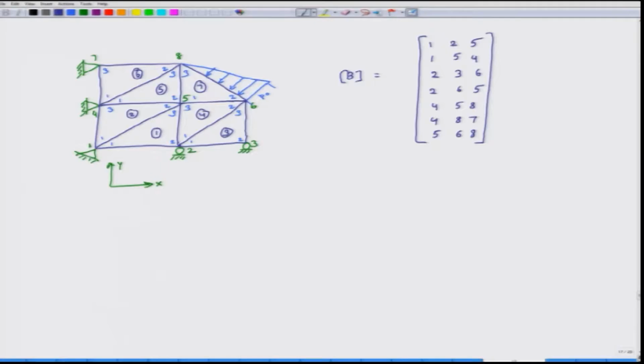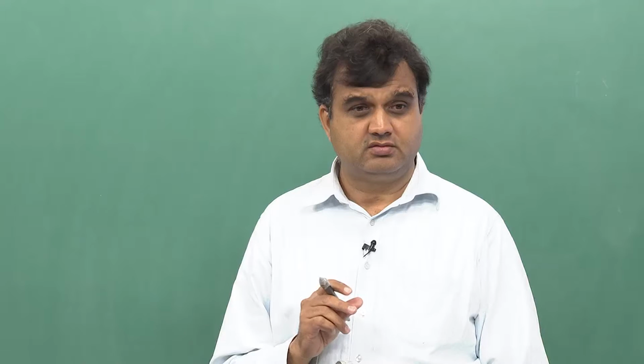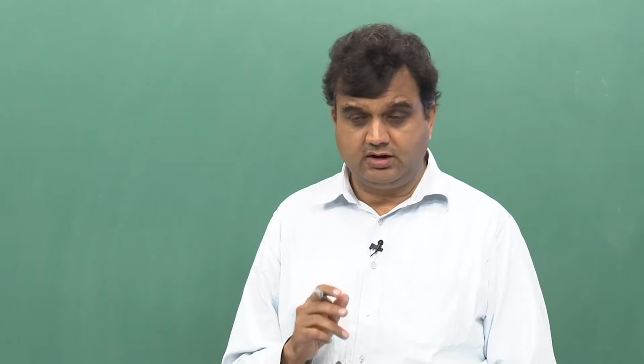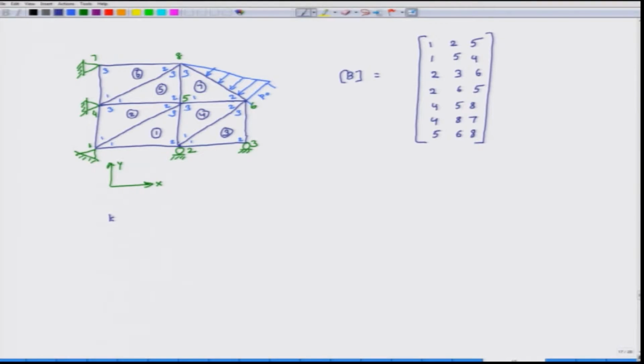Second thing, total number of nodes at element level. How many nodes do we have? 3. Each element has 3 nodes and total number of elements is 7.